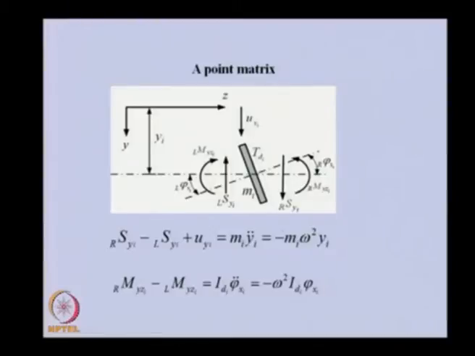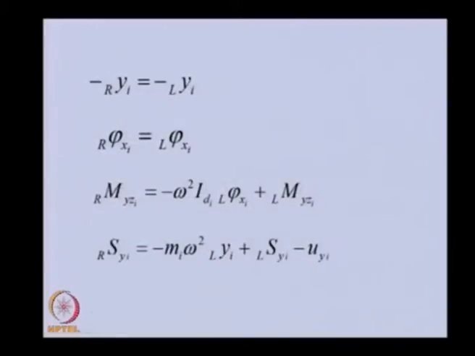Similarly, the moment equation: this moment which is in the positive direction, and this is in the negative direction, opposite to the previous one, is equal to the rotary inertia I_d, the diametral mass moment of inertia, into the angular acceleration about the x axis. So for simple harmonic motion, we can write this like this. So these are the shear force and bending moment, the moment and force balance.